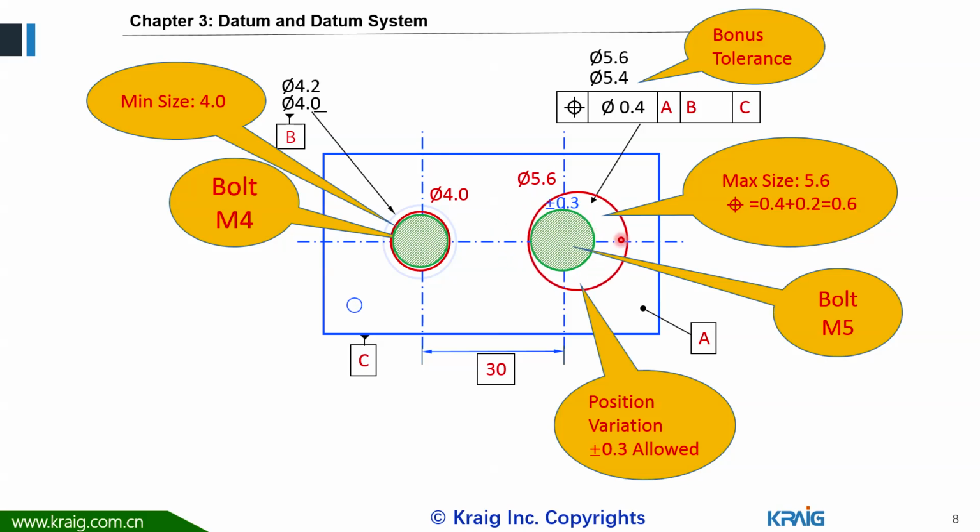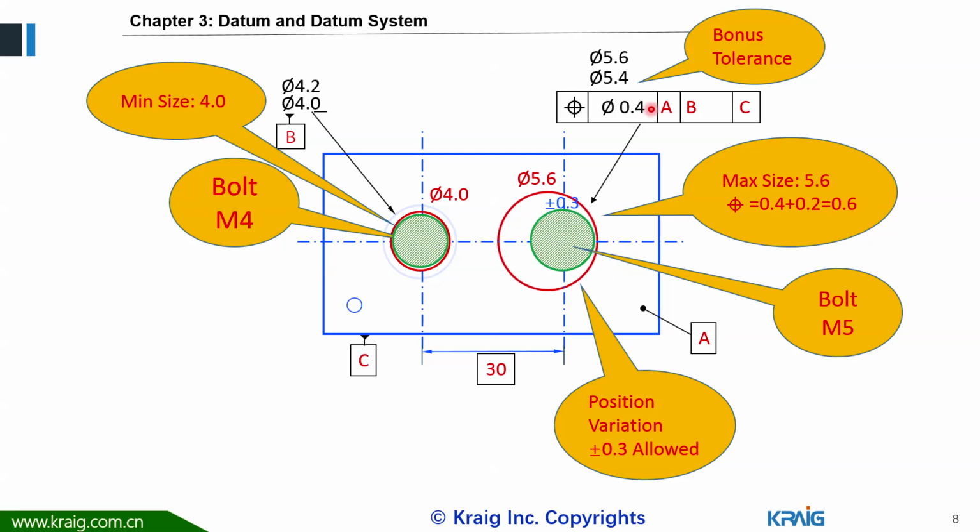In our case, it's plus minus 0.3, because we use 5.6 minus 5, we get plus minus 0.3 gap. You see, there's a gap here, right? So that's why you can see here it is moved, and we can say it's deviated of the position from the nominal position, deviated plus minus 0.3. So that means the deviation is allowed a little bit more.